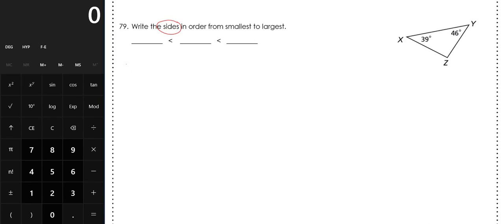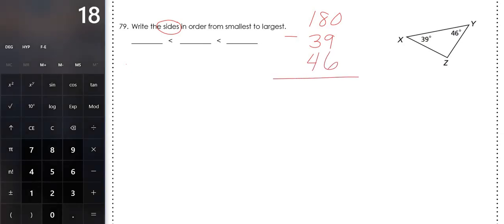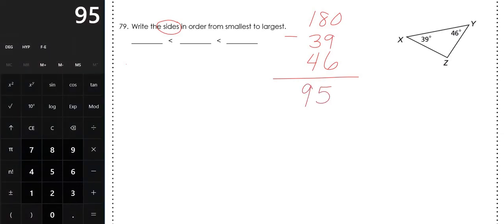So I'm going to figure out the missing angle, angle Z, so then I can think about what's largest, what's smallest. So I'm going to say 180 minus 39 minus 46 and see what we're left with. Okay, 95. So we have 95 degrees left for angle Z.